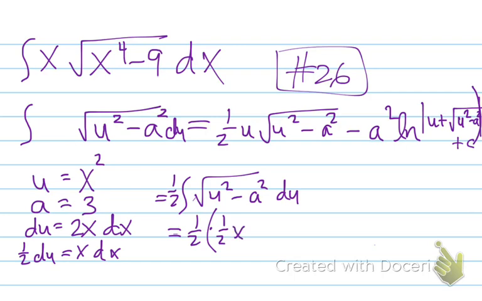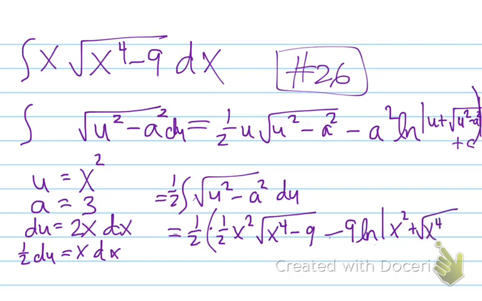U, which is x squared, square root of u squared, so x to the 4th minus a squared, which is 9. Minus a squared, which is 9, ln of the absolute value of u, which is x squared, plus the square root of u squared, so x to the 4th minus 9, plus c.